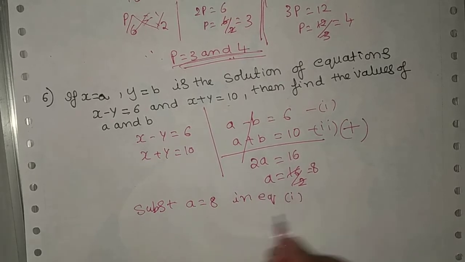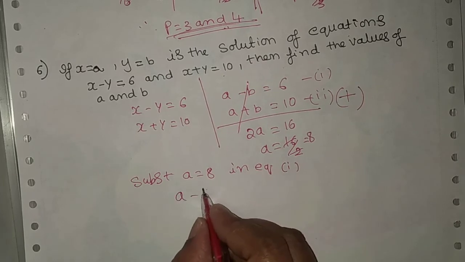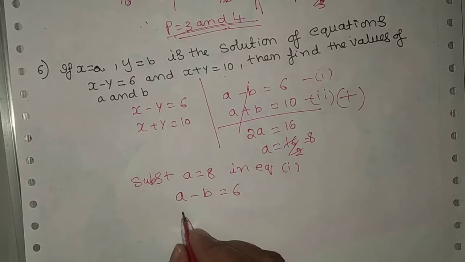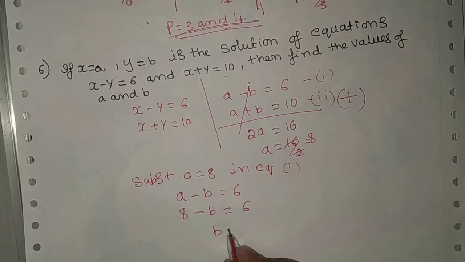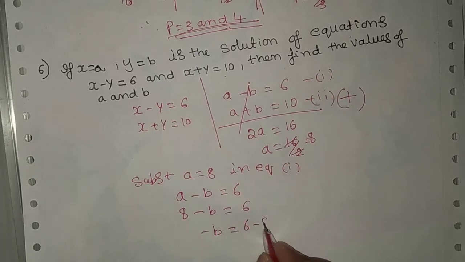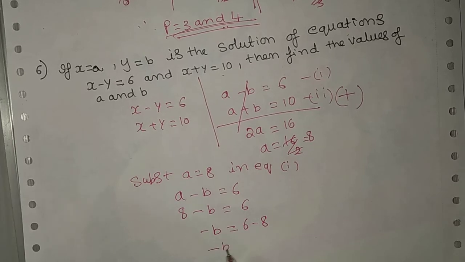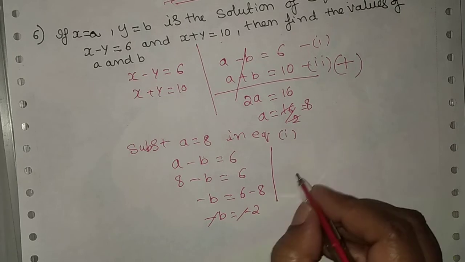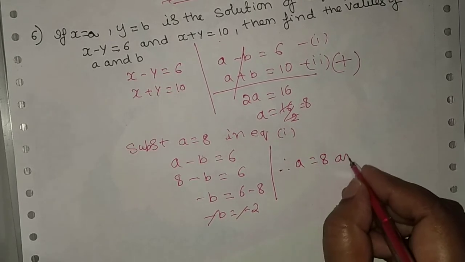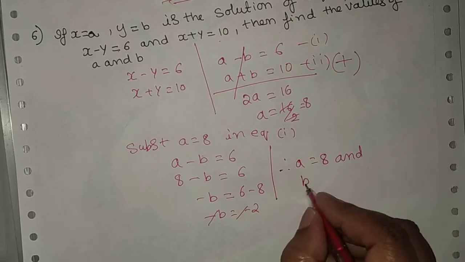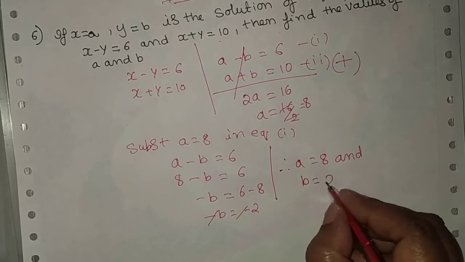Equation 1 is a minus b is equal to 6. Therefore, 8 minus b is equal to 6. Therefore, minus b is equal to 6 minus 8, minus b is equal to minus 2. The minus signs cancel. Finally, a is equal to 8 and b is equal to 2.